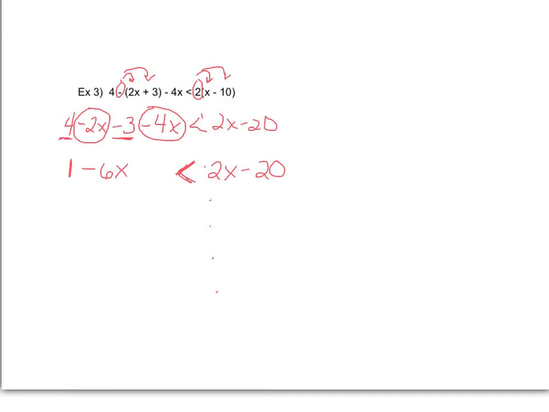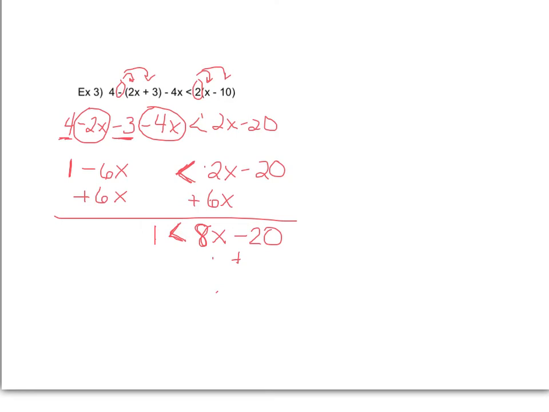If I go ahead and add 6x to both sides, I see that I'm left only with a 1 on the left-hand side. 2x and 6x is 8x. And I drop down my 20, or my minus 20. Now I can get rid of anything that is attached to the variable, so I can get rid of a minus 20 by adding 20 to both sides.